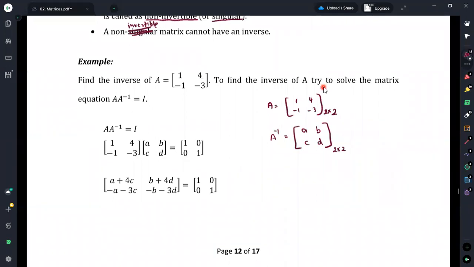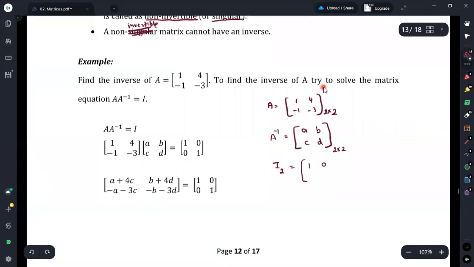We can use the equality. To use this equality, we need to have the identity matrix. I am directly writing it as I_2, because we know that the order of the matrix is 2 by 2. Therefore, it should be an identity matrix having the order 2, which can be taken as 1, 0, 0 and 1.